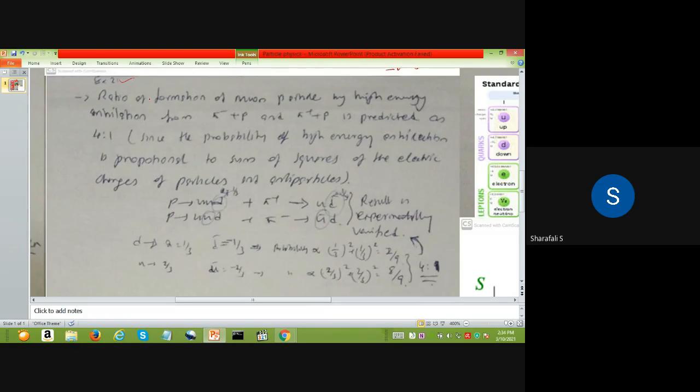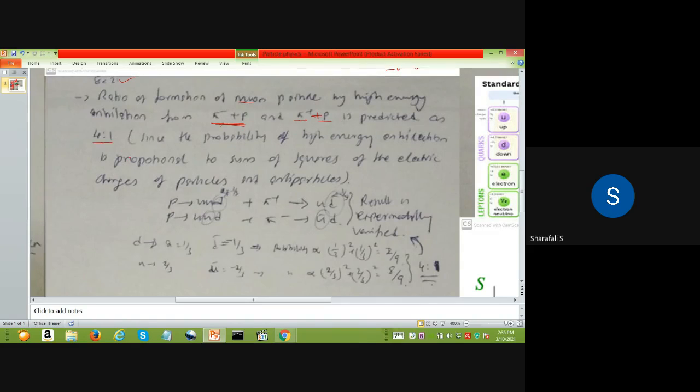That is, the ratio of formation of muon particles by high energy annihilation of pi minus and p, and pi plus and p. One is pi minus and p, another one is pi plus and p. Both are annihilation processes, and the predicted ratio is 4:1.